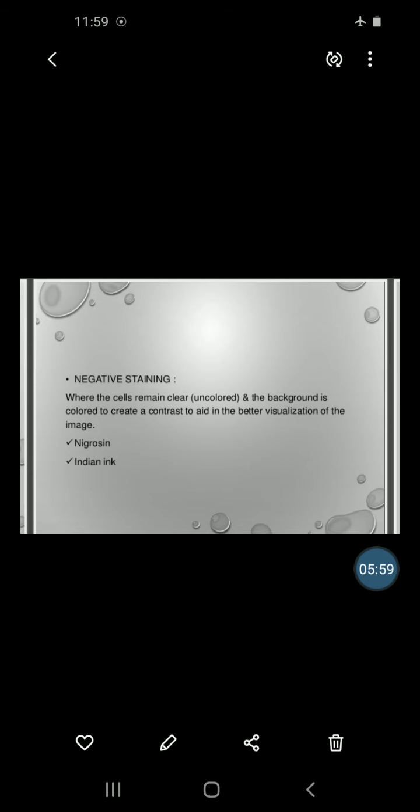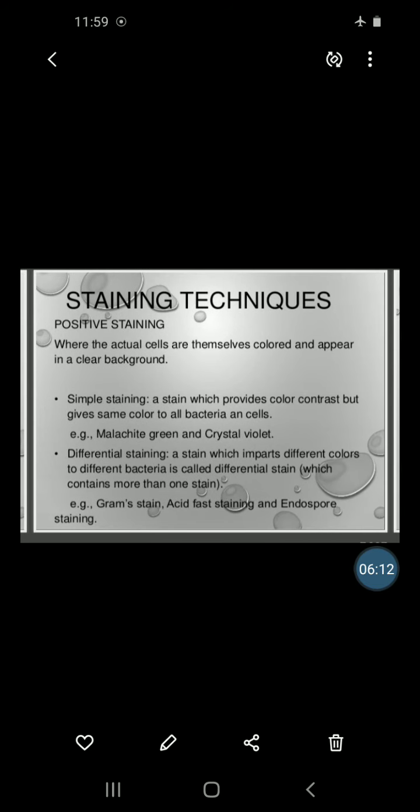and the background is colored, then it is called negative staining. Are you getting the difference between positive and negative staining? In positive staining, the cells are colored and the background is clear or colorless.